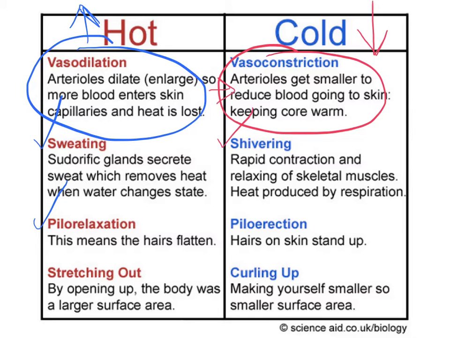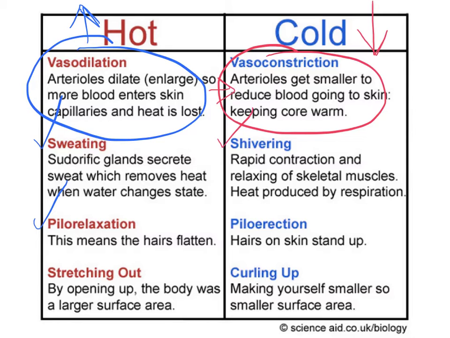And basically what happens in shivering is whenever we expend energy by, for example, using our muscles, basically heat is produced as a byproduct of those chemical and cellular processes.